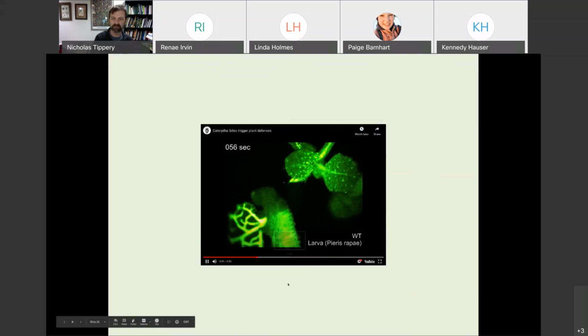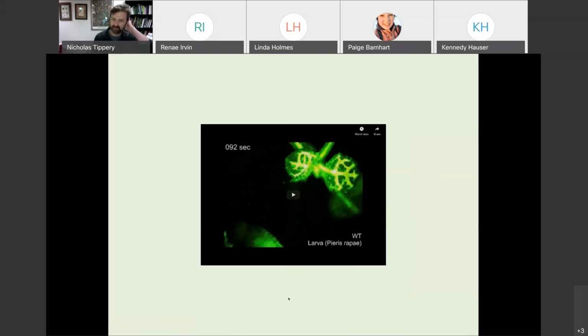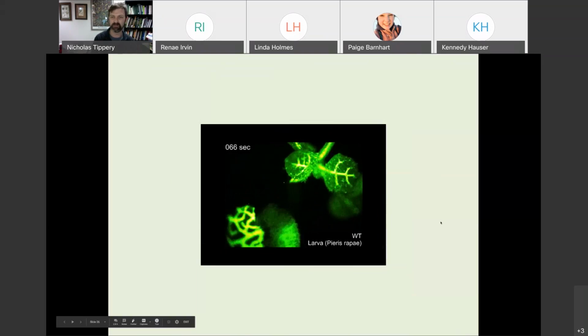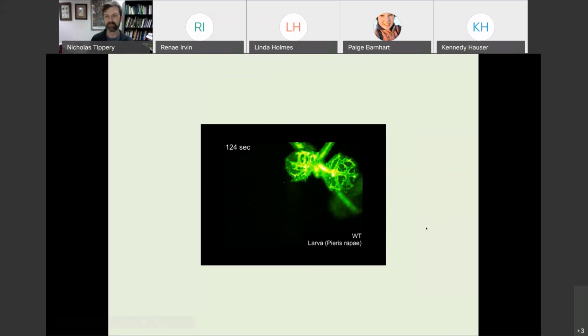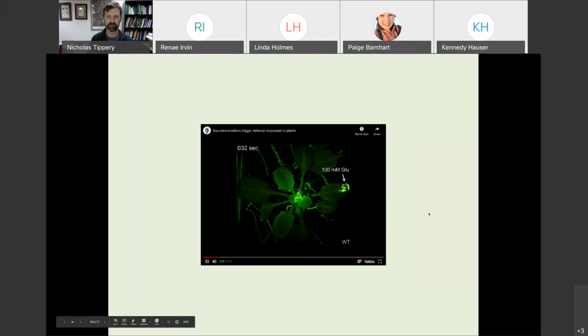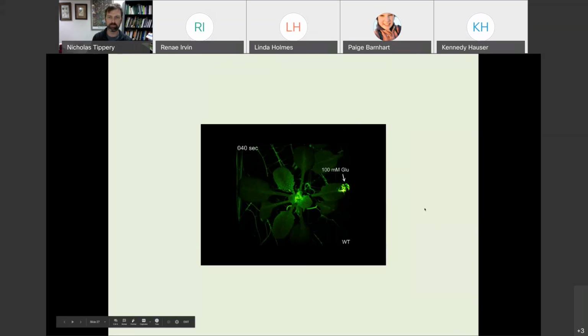There's a caterpillar chewing in the lower left, and every place where it's lighting up is the response of the plant signaling like, oh crap, we might be the next thing to get chewed on. Here's another one. A little damage off to the side, and then boom. And one more time. Whoosh.